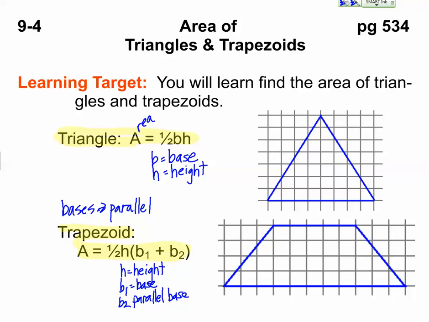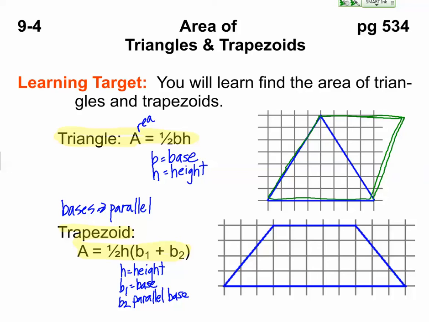Before we get to there, let me draw your attention back to a triangle. I want to talk to you a little bit about why this formula ends up being half of the base times the height. Well, Panthers, it is very simple: if I were to double this triangle, I would end up getting some sort of parallelogram.